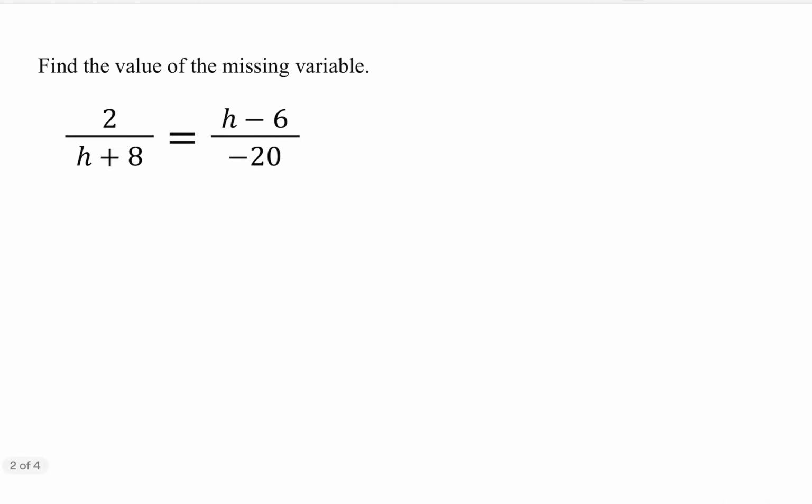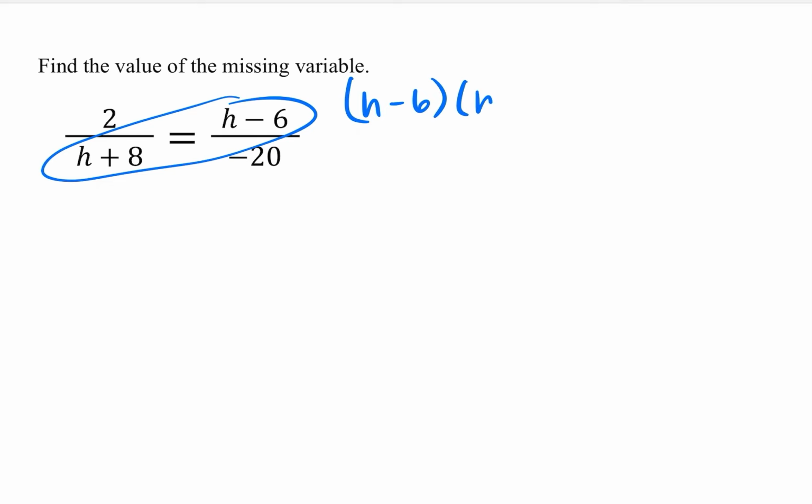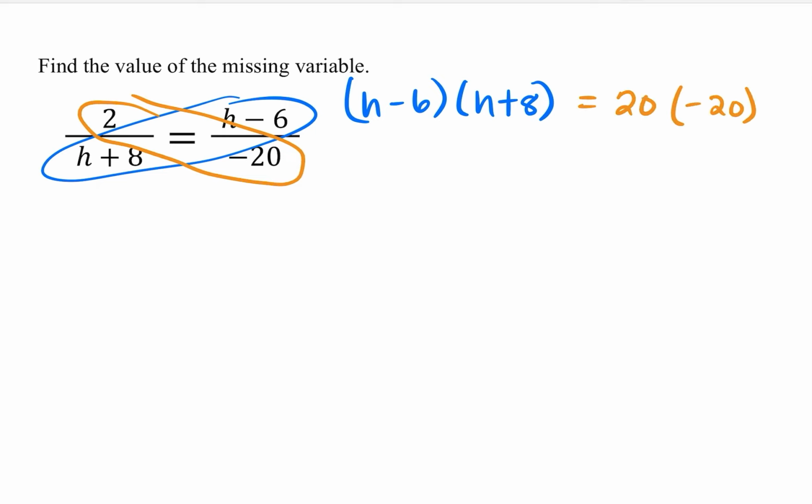Proportion involving quadratics. So given this equation, we are going to apply cross multiplication or the butterfly method. So I am going to multiply h minus 6 times h plus 8, and multiply 2 times negative 20, and that's going to go on the other side of the equation.